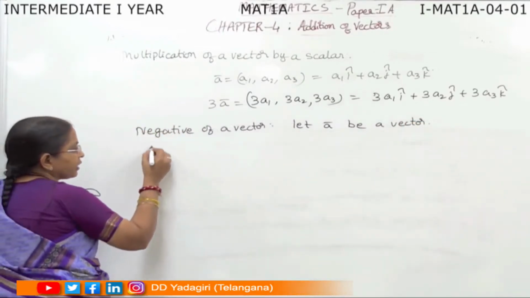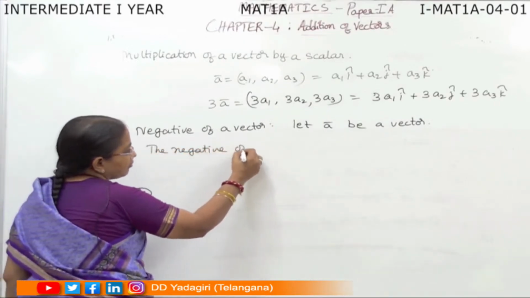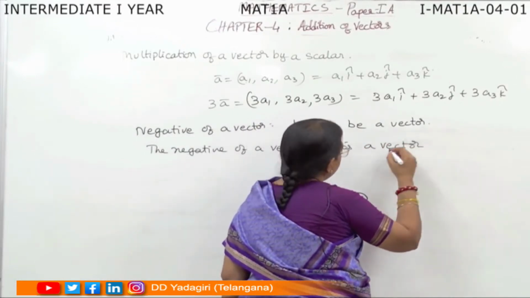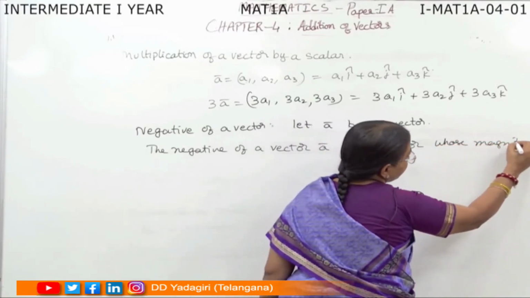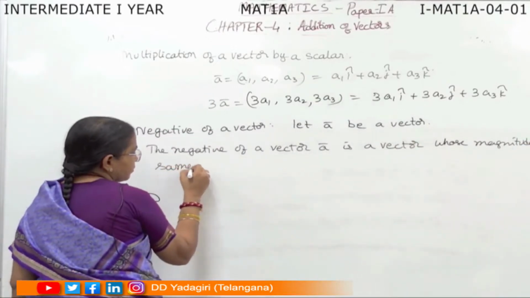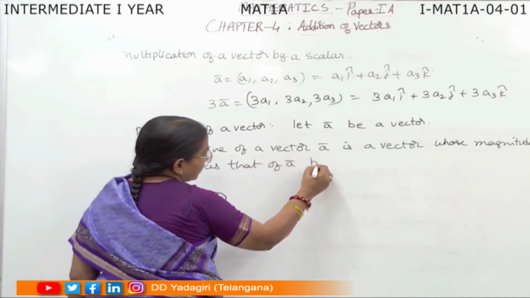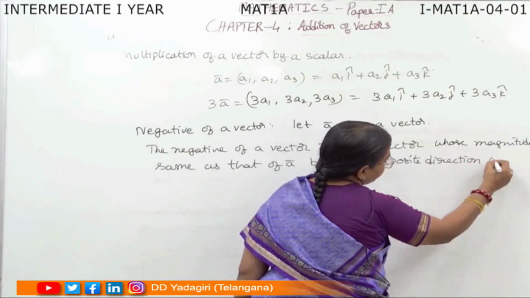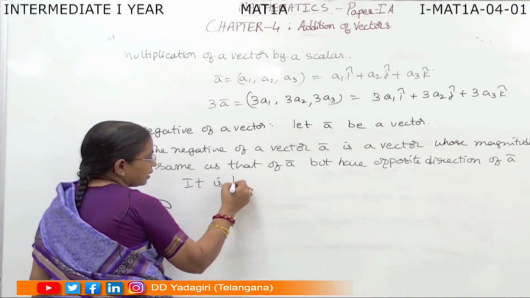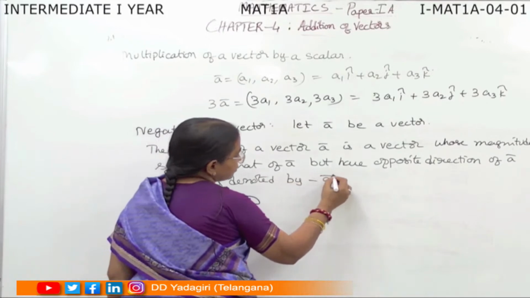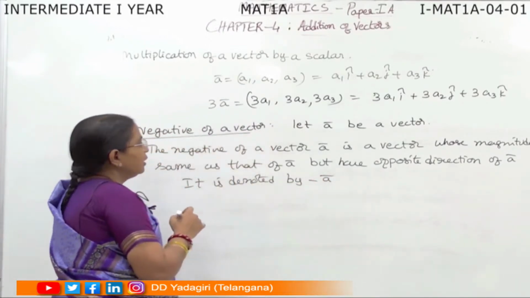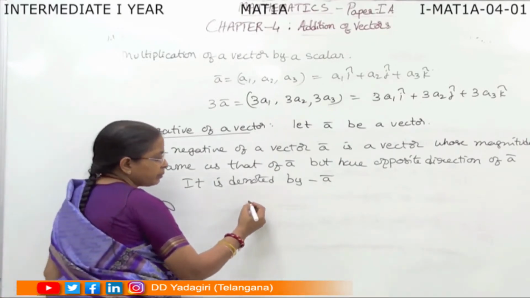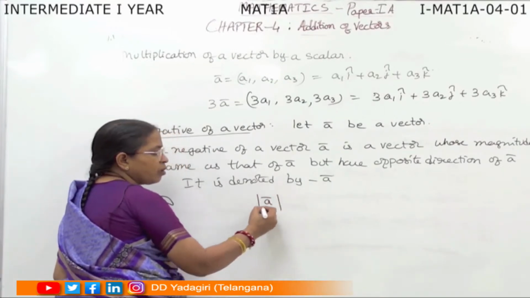Then the negative of the vector A is a vector whose magnitude is the same as that of A but has the opposite direction of A. It is denoted by minus A. The magnitude of a vector is denoted by mod A. This is the symbol.